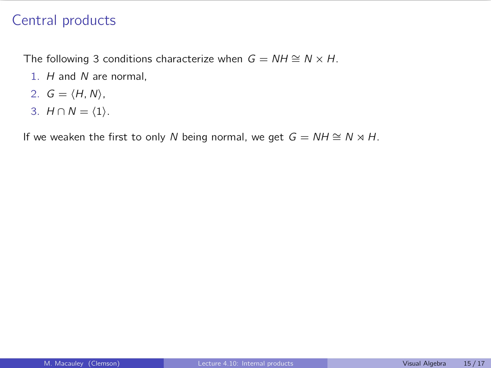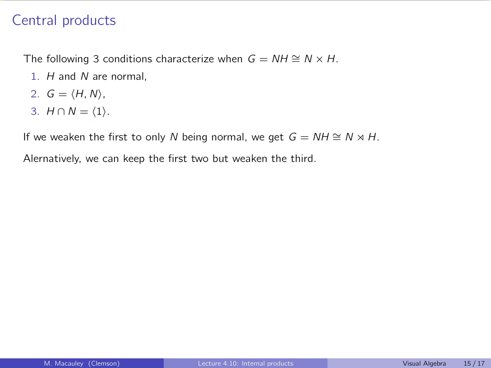One of the key ideas in this lecture is that if we weaken this first condition to only N being normal, then G is not the direct product of its subgroups, but a semidirect product. But for central products, I want to instead keep these first two conditions, but I want to weaken the third.